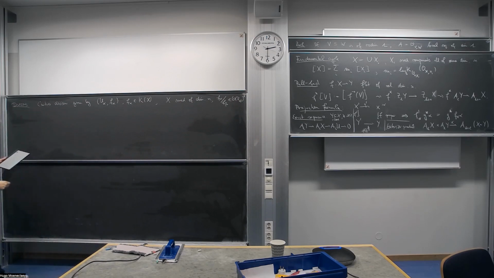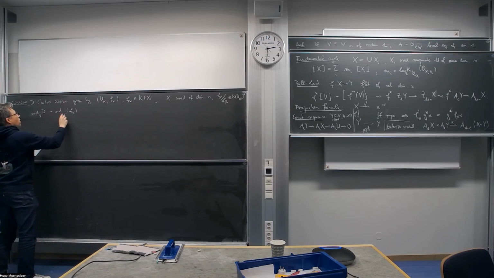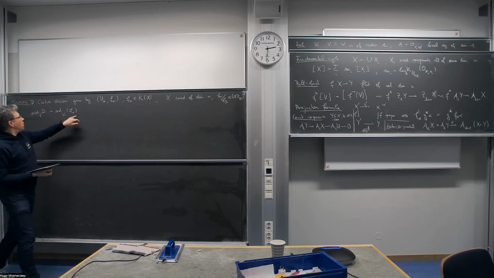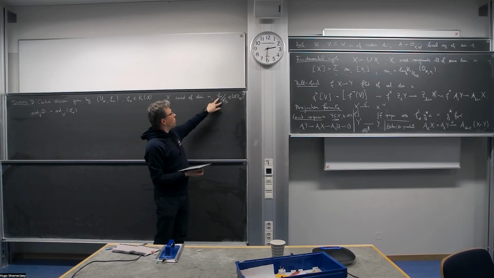Now, given a Cartier divisor, I can define the order of the Cartier divisor along a subvariety V, which is just the vanishing order of this rational function along V. Depending on whether I take F_alpha or F_beta on the intersection of U_alpha and U_beta, it won't change the vanishing order because the quotient is invertible. So this is well defined.